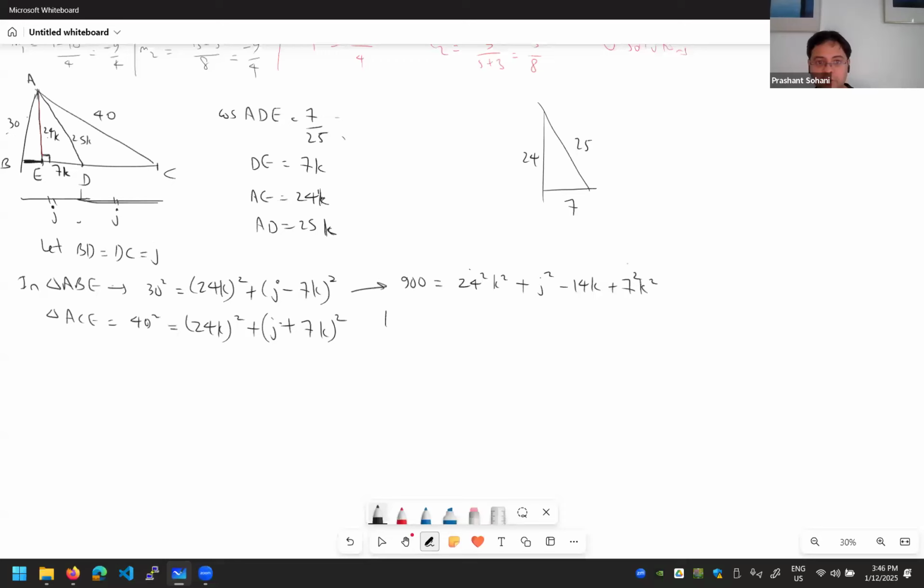Okay. And the second equation is 1600 is equal to, okay. So as I said, 24 and 7 square will become 25 square. And the same in this also.